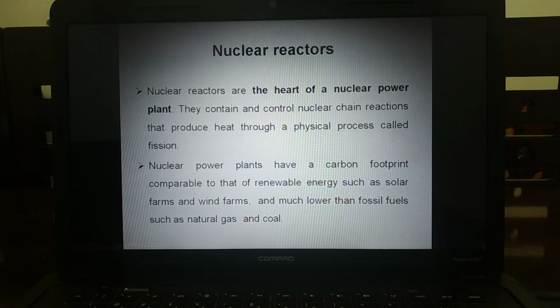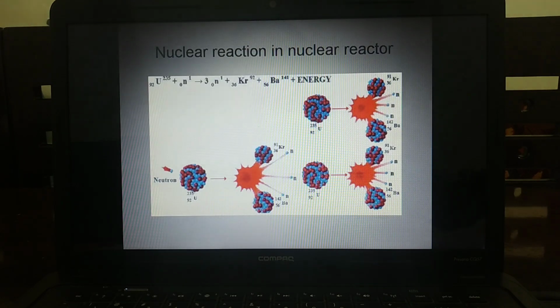Nuclear reactor. A nuclear reactor is a device which produces an enormous amount of energy by a controlled chain reaction. Nuclear reaction in a nuclear reactor: uranium-235 is bombarded with a neutron to produce two radioactive isotopes like krypton and barium, with the release of three neutrons and a large amount of energy.